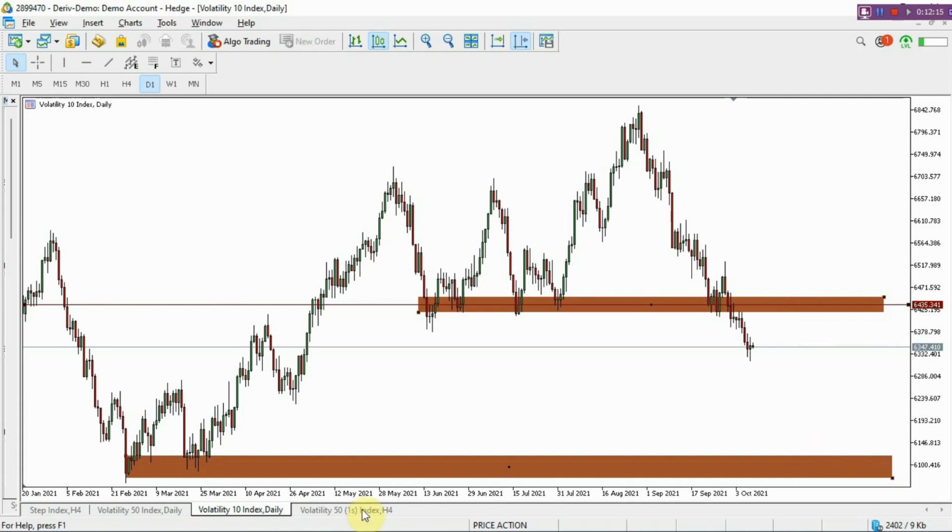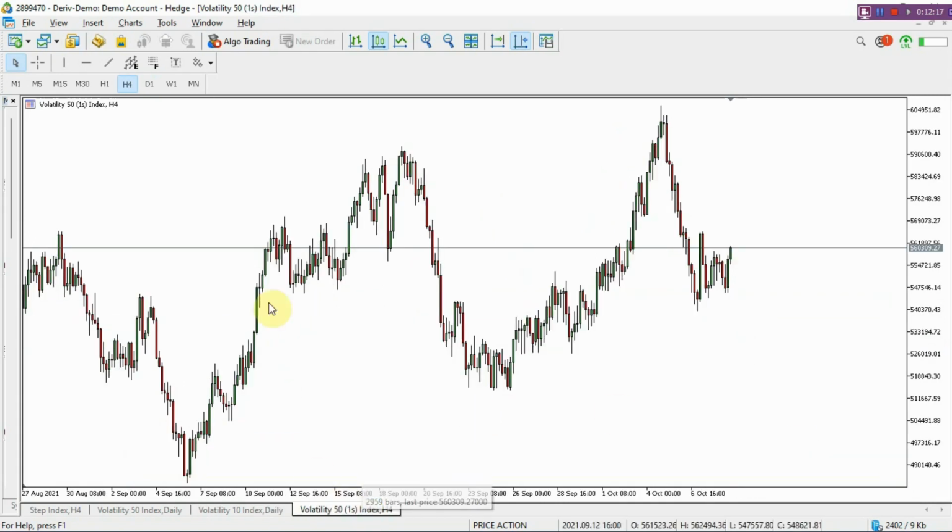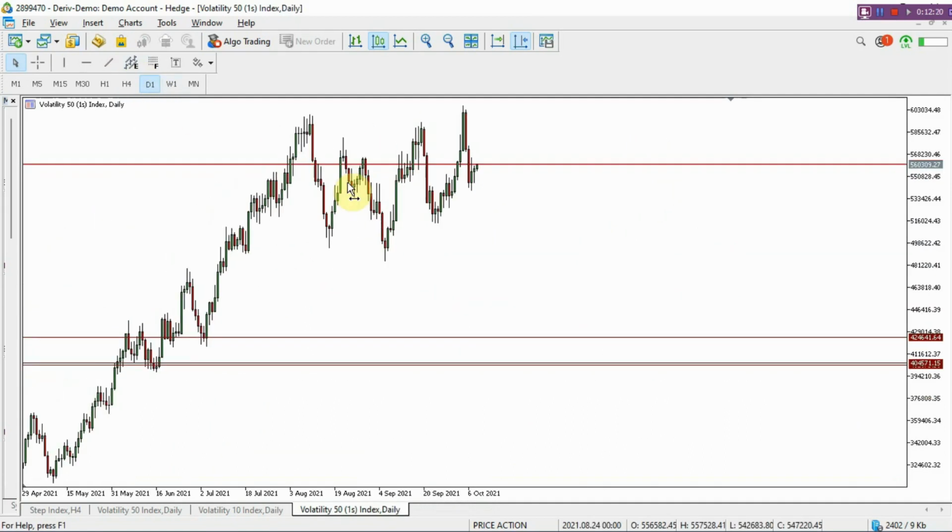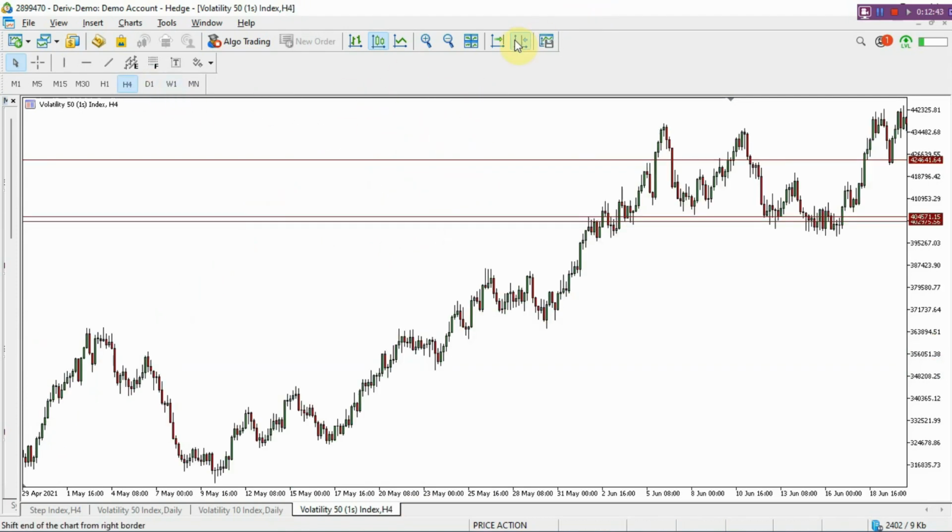Moving over to my last one, the VIX 51S index, and this could be a beautiful analysis. Analyzing, we have an uptrend, price came back, and there was a failure in price moving up, but now we can see price breaking up, taking these highs. We have a higher low, so still more of an uptrend.